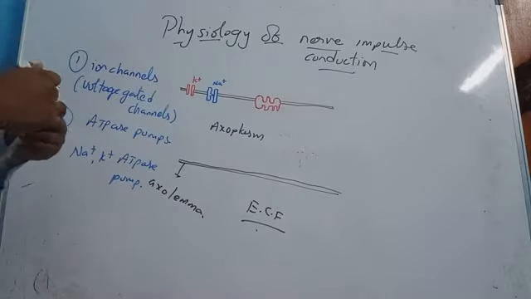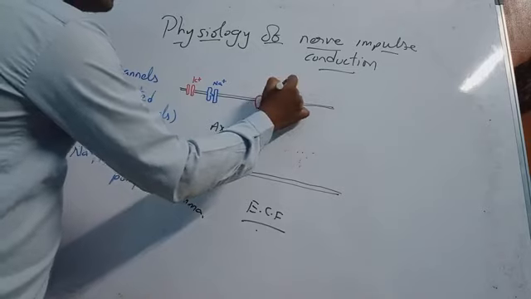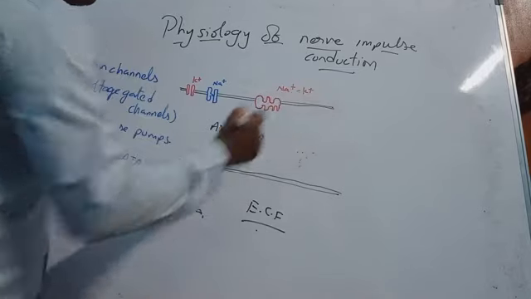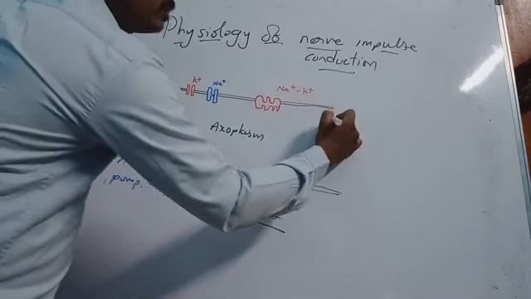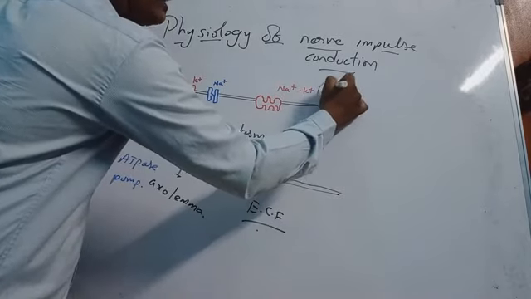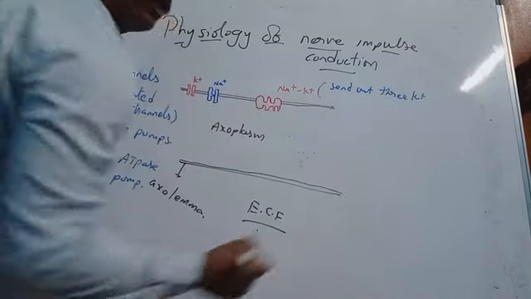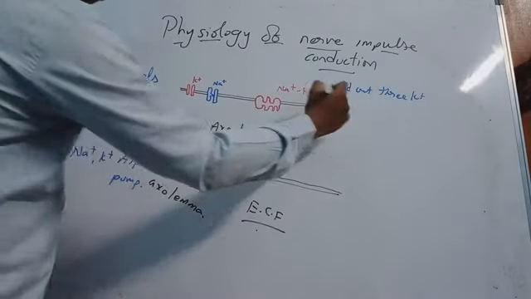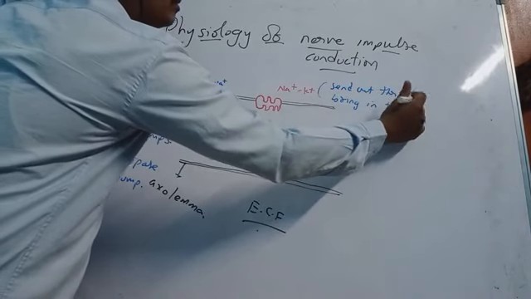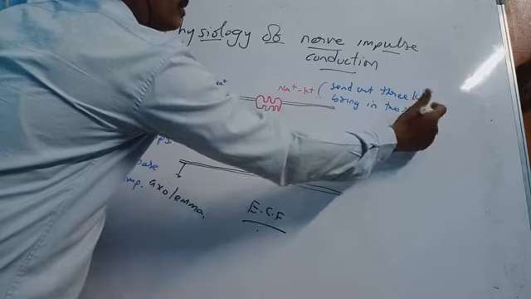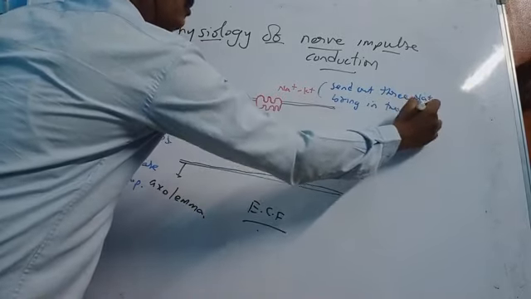You can see I have drawn some depressions there. This sodium potassium pump has the capacity to send out 3 sodium molecules, and at the same time it can bring in 2 potassium molecules.